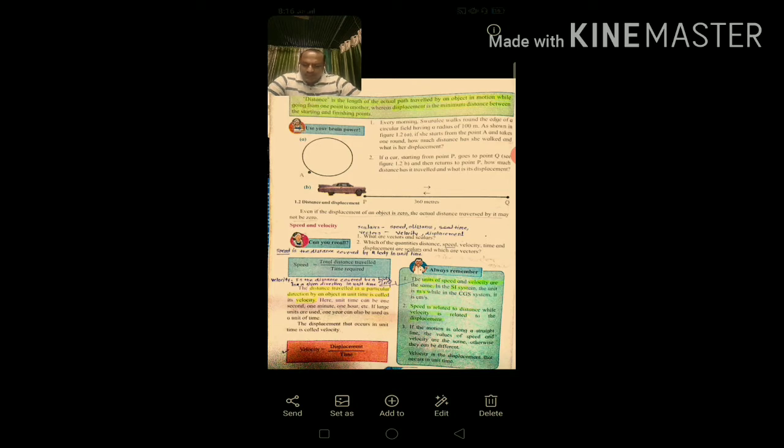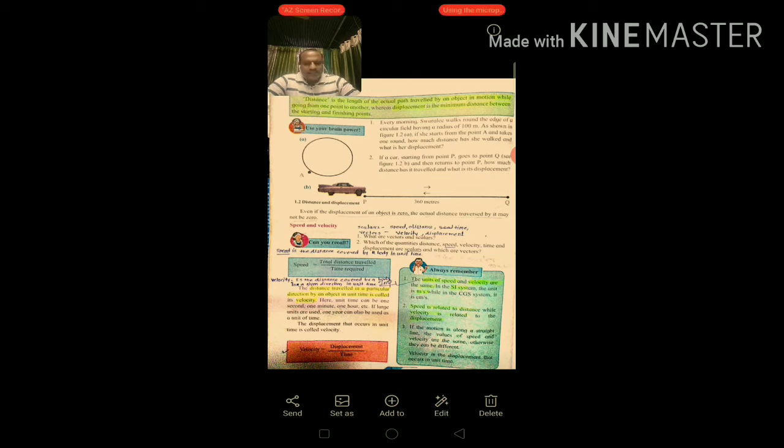But velocity is equal to displacement upon time. Now the units of speed and velocity are the same: in the SI system the unit is meter per second, while in the CGS system it is centimeter per second.